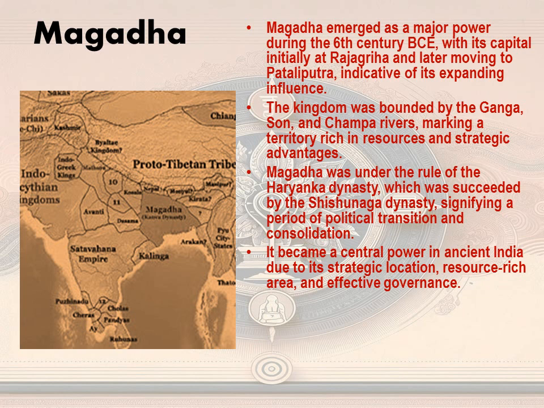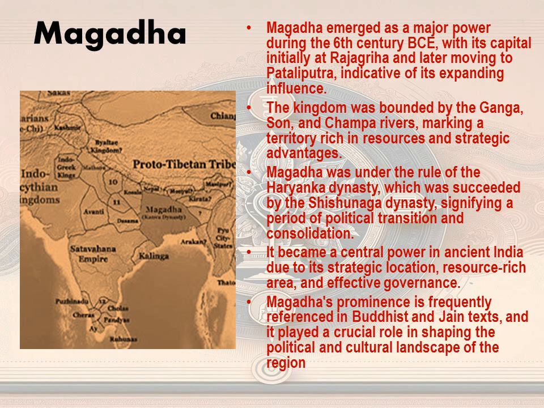It became a central power in ancient India due to its strategic location, resource-rich area, and effective governance. So this was the place which developed into the central power in ancient India.